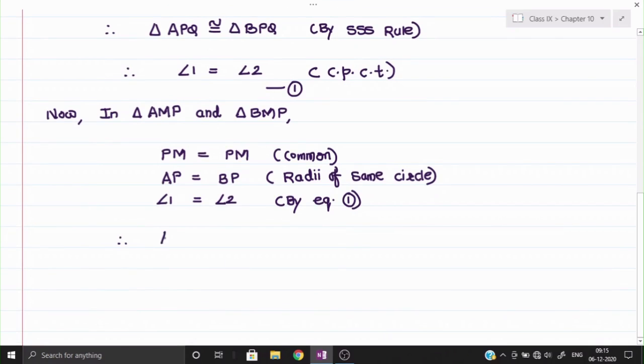Therefore triangle AMP is congruent to triangle BMP. Here we shall write down by side angle side rule.